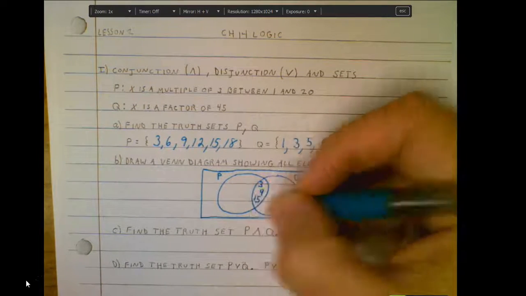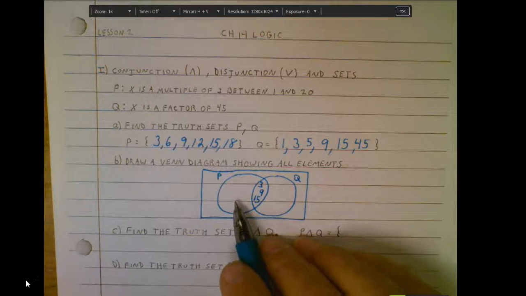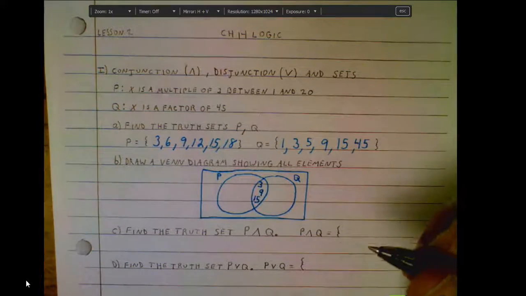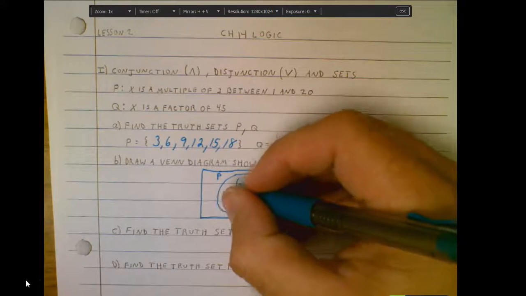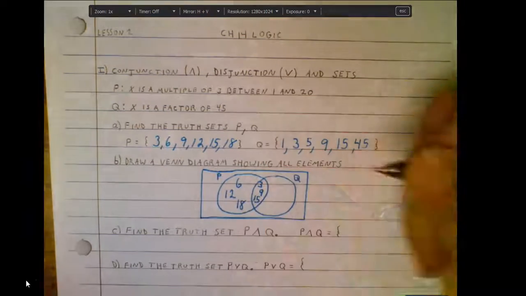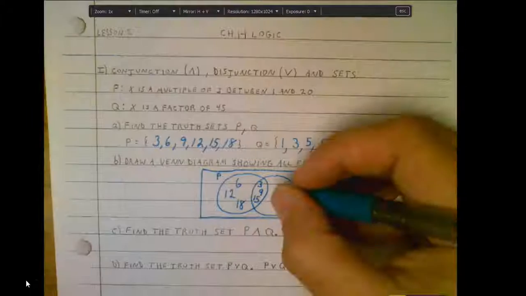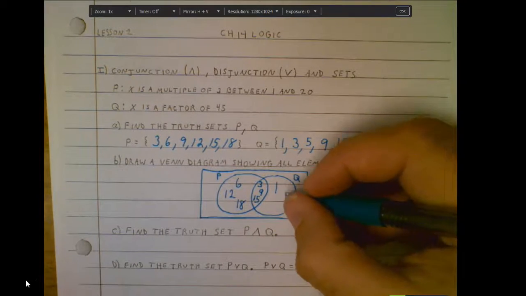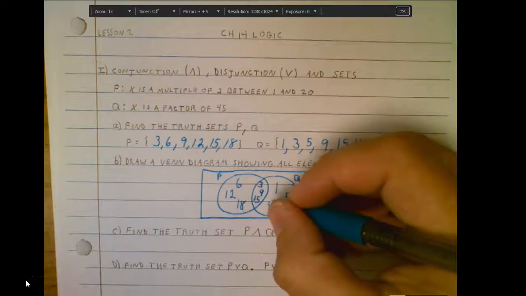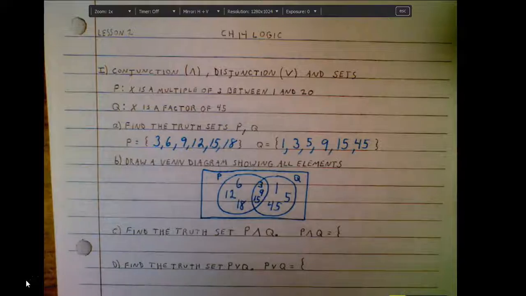So those are all that they have in common. And then if we list just the P only values, those things that are in P but not also in Q, we got the 6, 12, and 18. And then over here for Q, the remaining numbers that we have not yet listed, looks like we got a 1, a 5, and a 45. And so that's the way that we filled out our Venn diagram in the past.